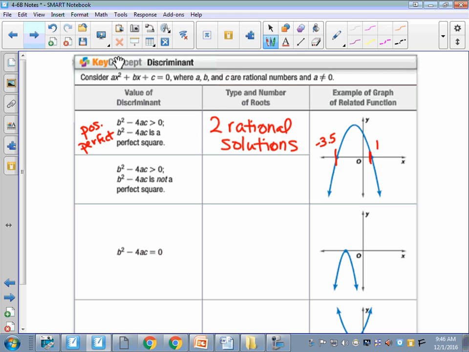The next one's saying if the discriminant is positive, that's the greater than 0 part, but it's not perfect. So if the number underneath that radical sign is not perfect, you're going to have two solutions again, but they're going to be irrational solutions.